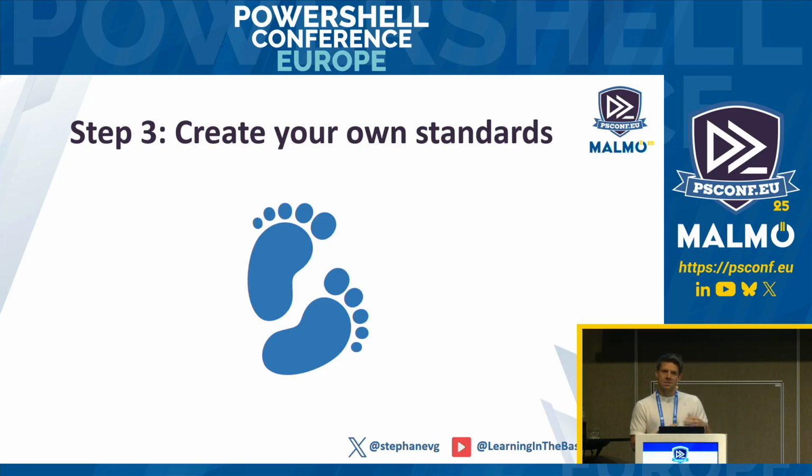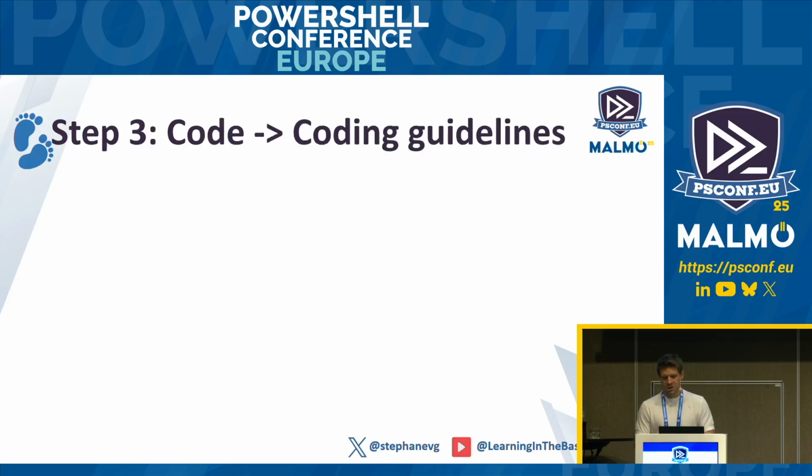And with that, now that we have done this first step, we have the coding best practices, we can create our own standards. This would be a third step, and actually do something we call coding guidelines.